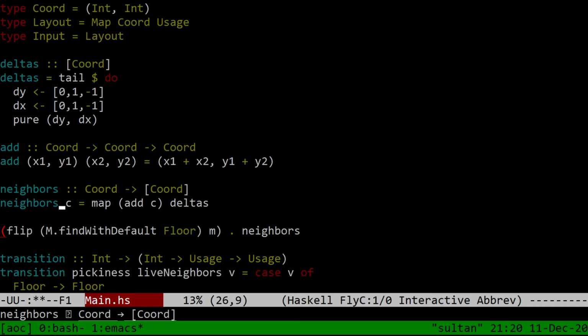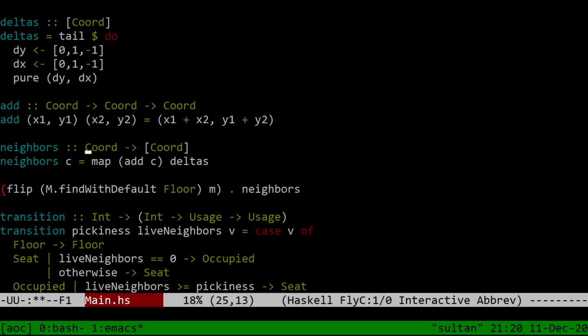But I guess good news, we don't need neighbors anymore, right? So that can just be our part one neighbors. We'll just adjust it here to take the type that I actually want, which is a layout.